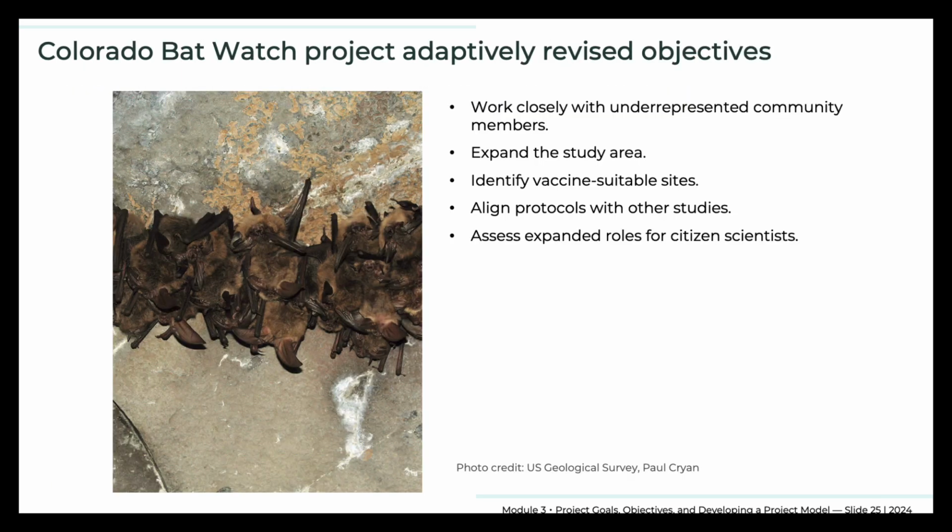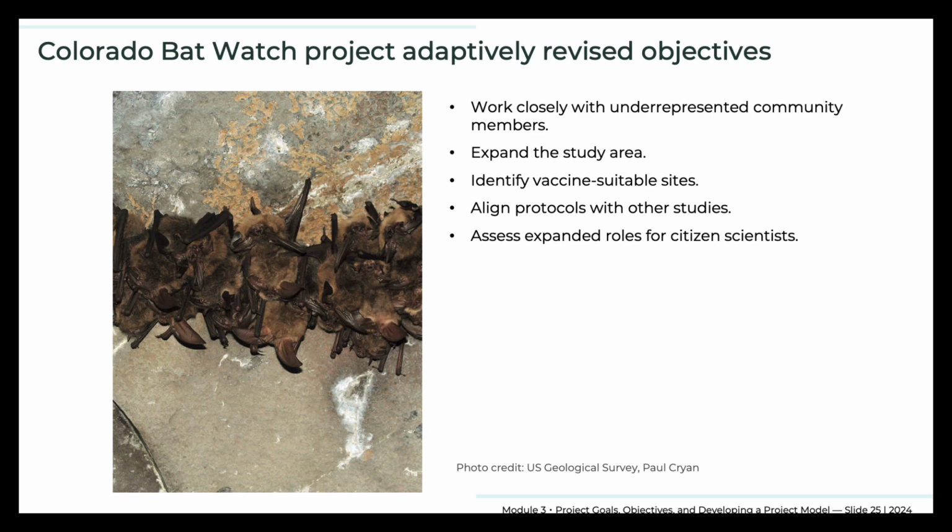Equally important, as protocols were field tested and data collection began, Bat Watch staff realized that the project needed additional objectives. They added 5, which are: 1. To increase the number of citizen scientists engaged, emphasizing underrepresented communities, ranchers, and farmers. 2.